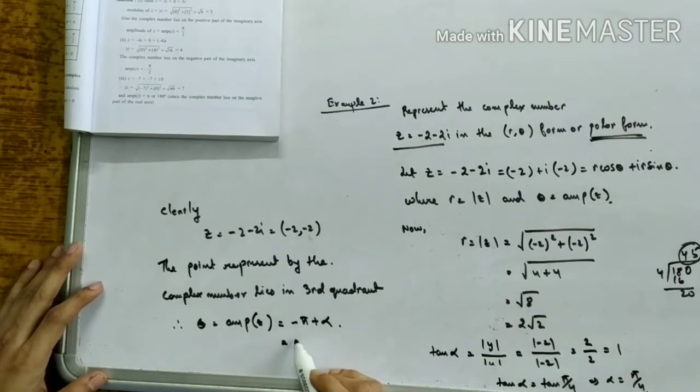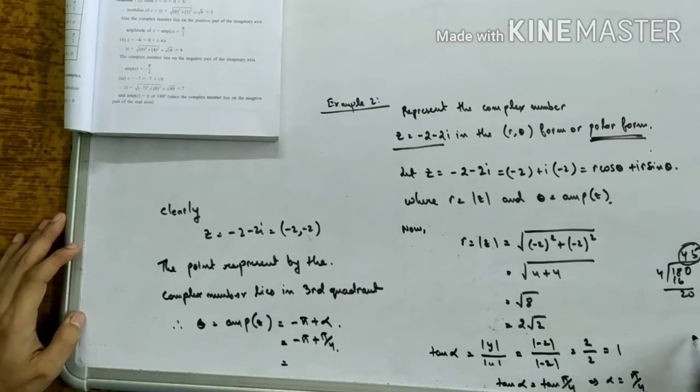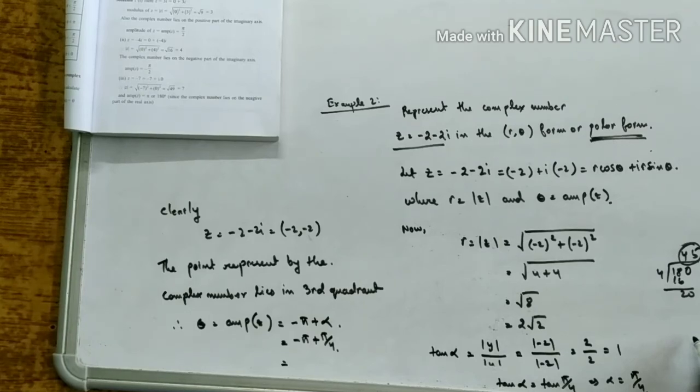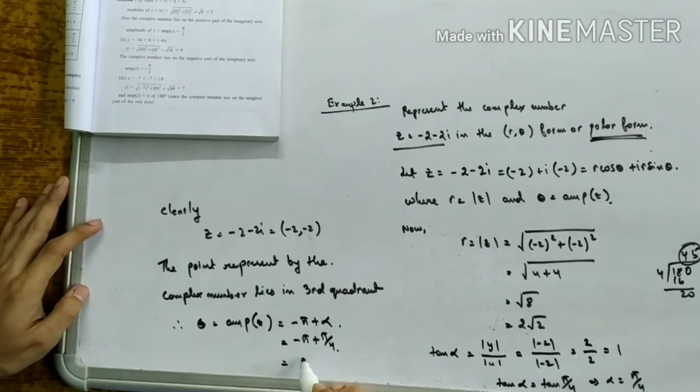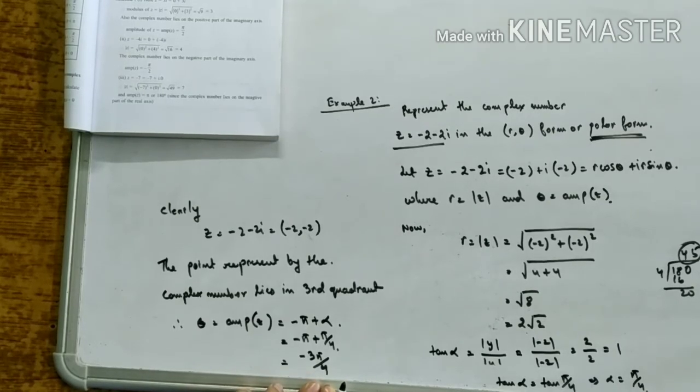So this becomes minus pi plus pi by 4. If I solve it, I will get minus 3 pi by 4. Understand? Theta is equal to minus 3 pi by 4.